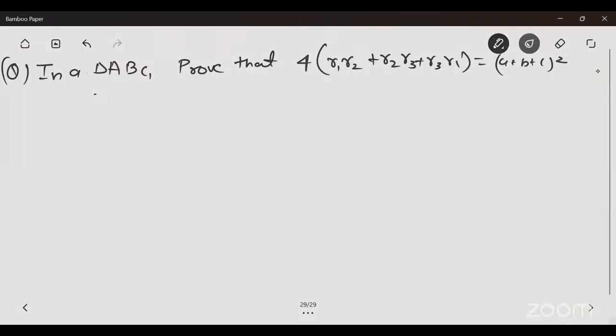So student, in the normal class, I have told you the values of R, R1, R2, R3.